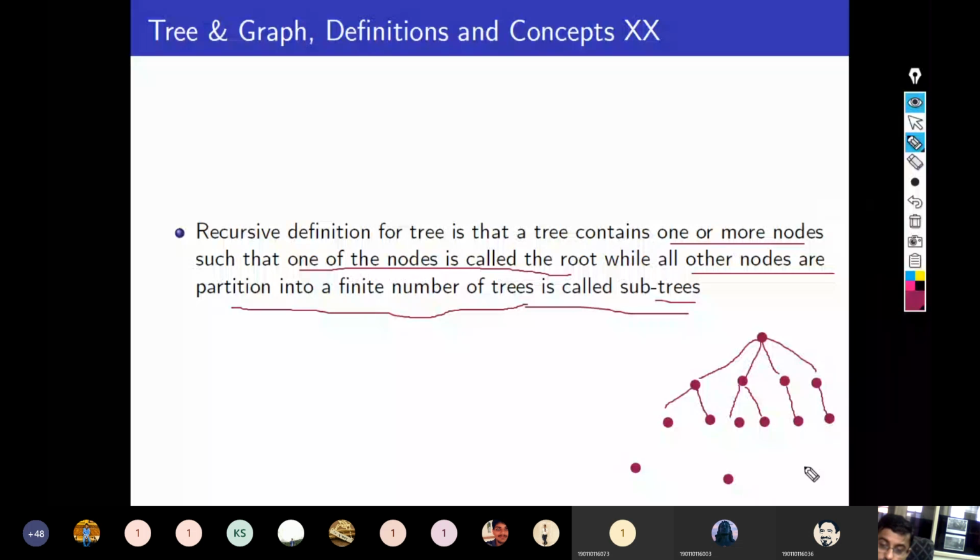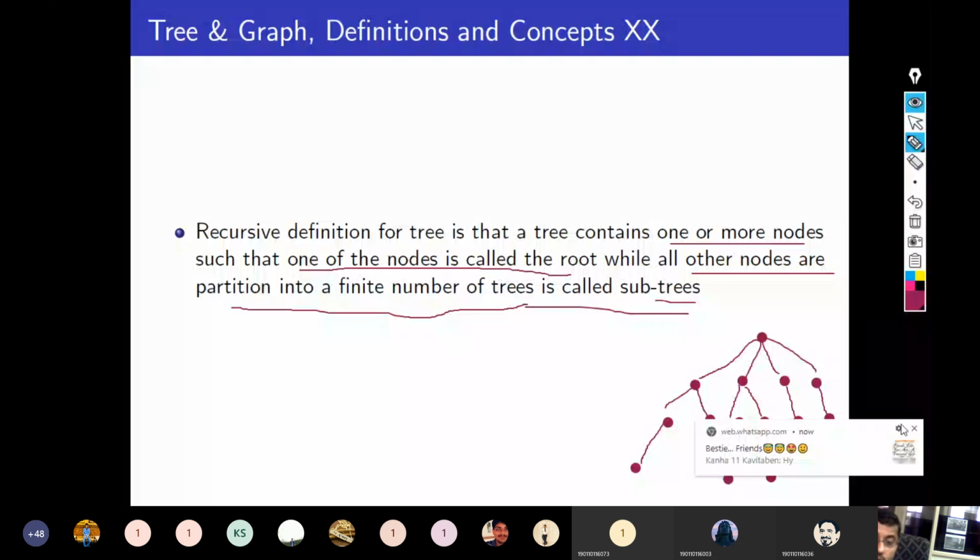Let me draw some nodes here also, and let me draw the branches. Okay, so this is a tree, and in this tree, if I follow this recursive definition, a tree contains one or more nodes, so there are one or more nodes.